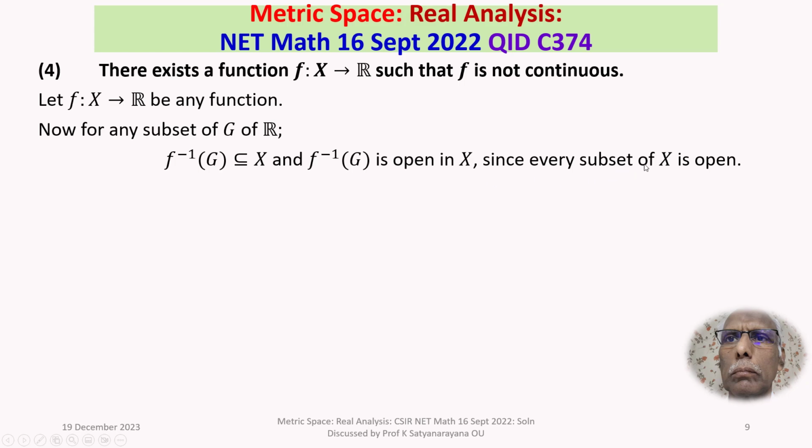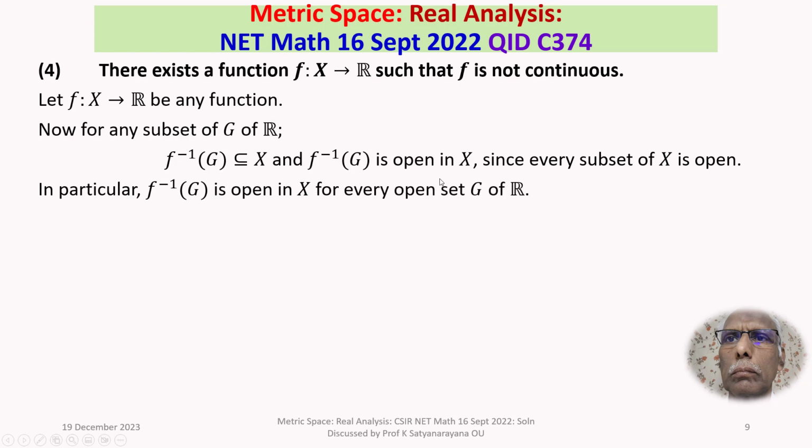Because every subset of X is open in X. So in particular, if G is an open subset of R, then f inverse of G is also open in X, for every open set G of R.